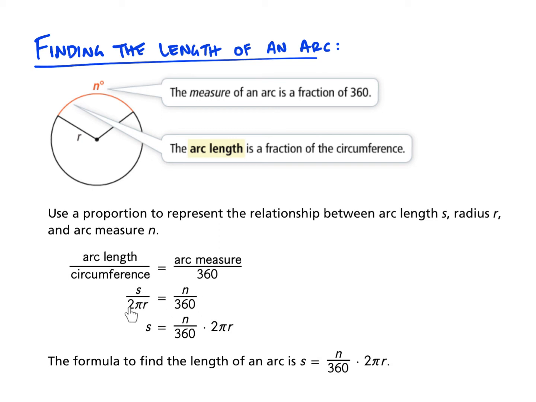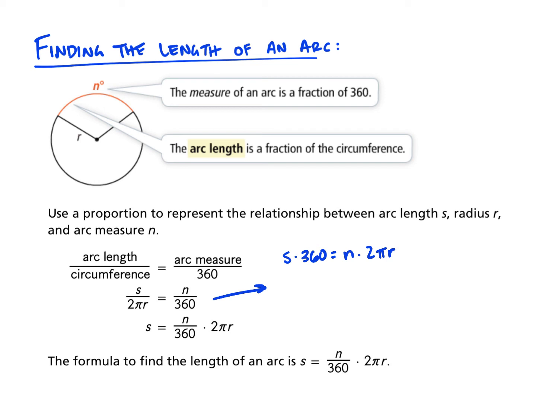If I take this proportion and rearrange it to where S is by itself, I end up with this formula, because I'm going to take n over 360 multiplied by 2 pi r. Just to show you real quick why that is: if I take that proportion and cross multiply, I get S times 360 equals n times 2 pi r.